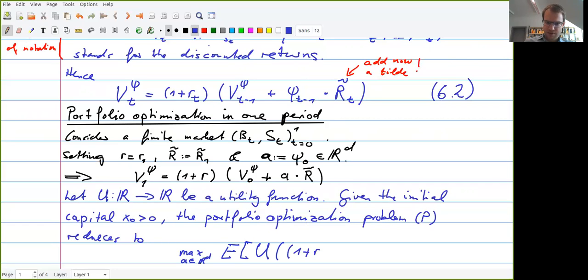This is the formula I derived here: 1 plus R times X0, and then A times the discounted returns. This is the optimization problem we want to solve, which is the original P in this setting. Let me label it as in the lecture notes by 6.3.